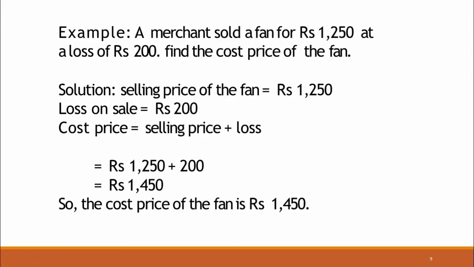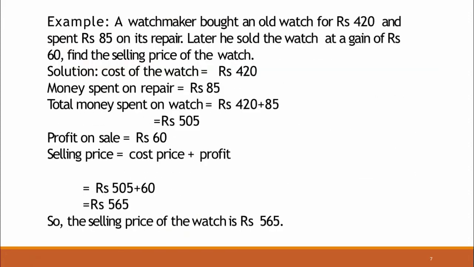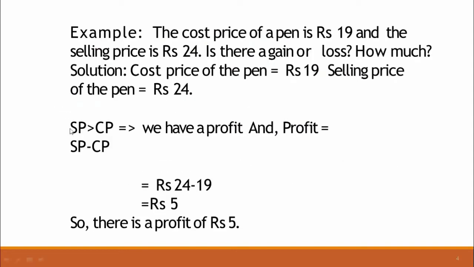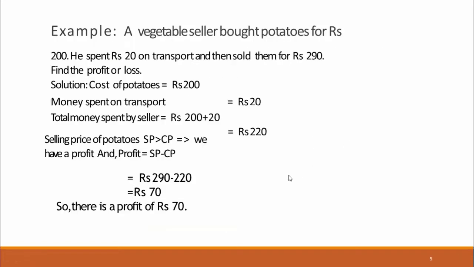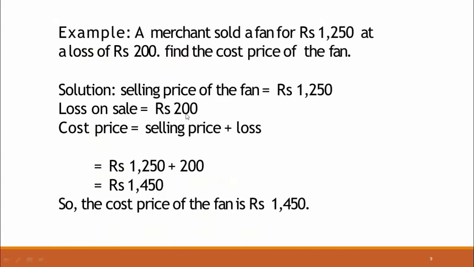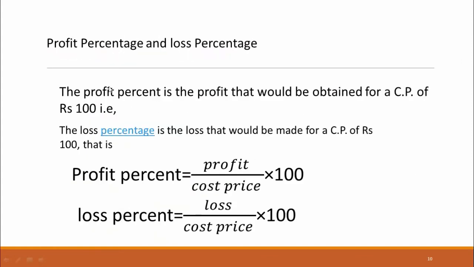If the selling price is greater than the cost price, we obtain the profit, and if the selling price is less than the cost price, we obtain the loss. But how to find the profit percentage and loss percentage?